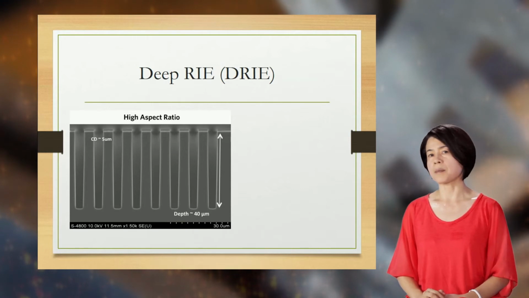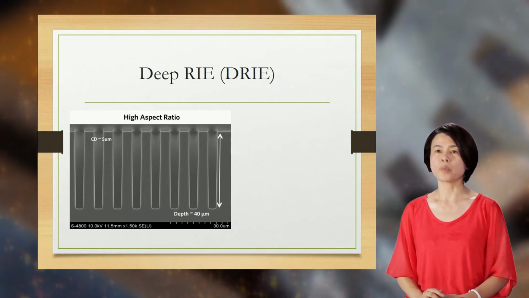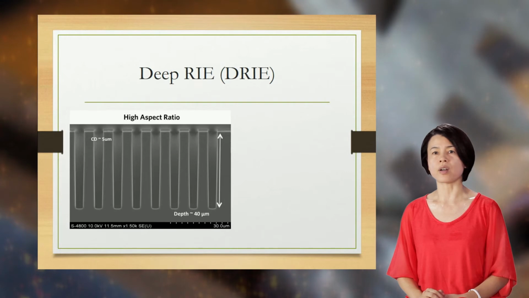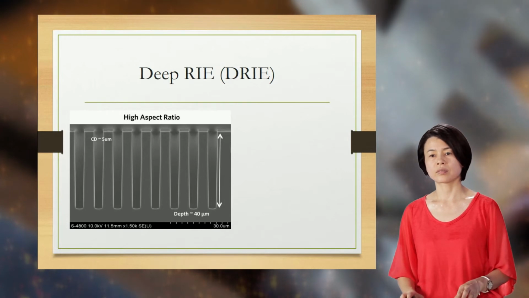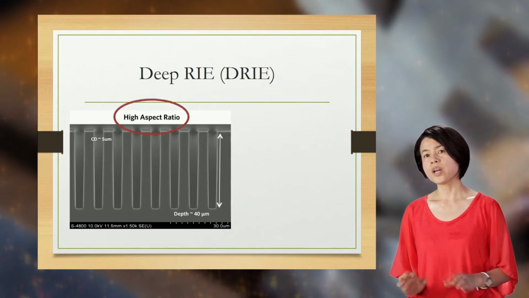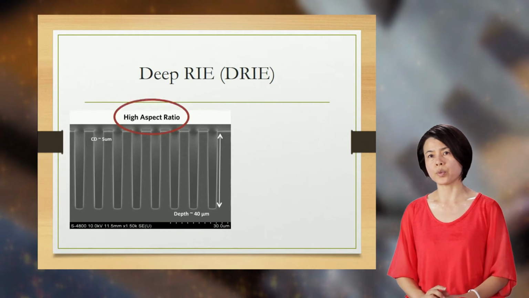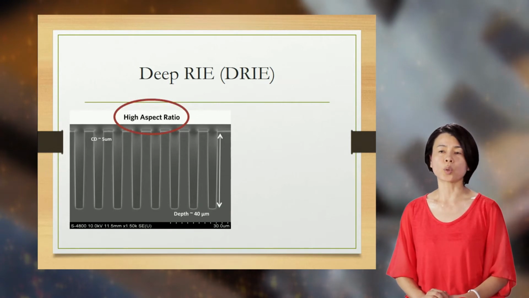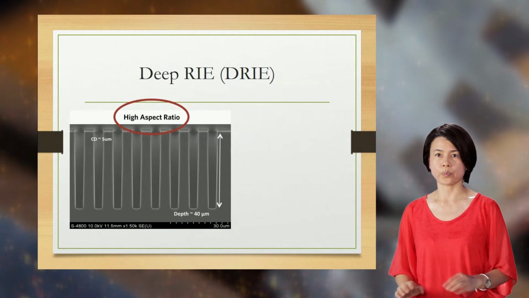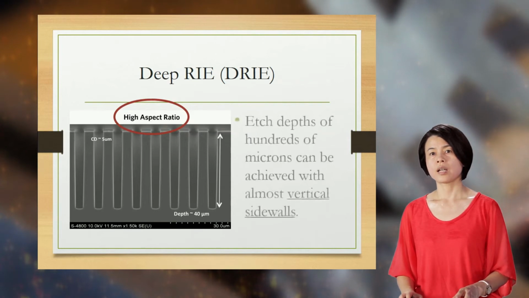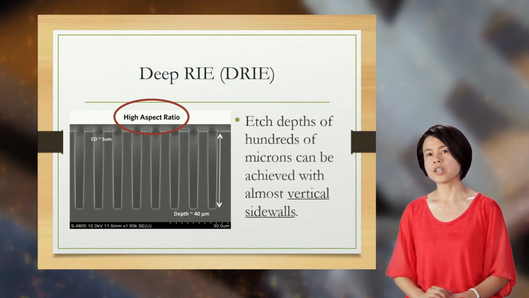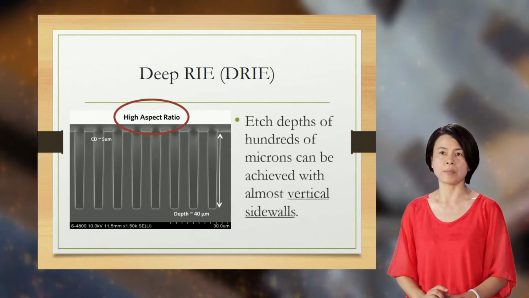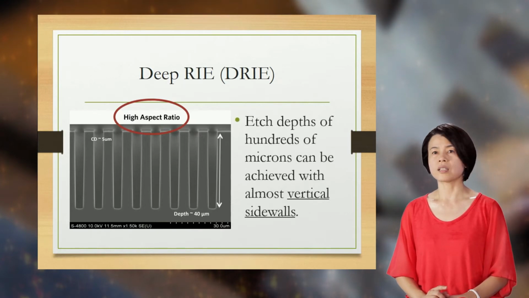The depth is about 40 microns, while the width is only about 5 microns. When the ratio of depth to width is high, it is called high aspect ratio. And etch depths of hundreds of microns can be achieved with almost vertical sidewalls. This is a characteristic of RIE.